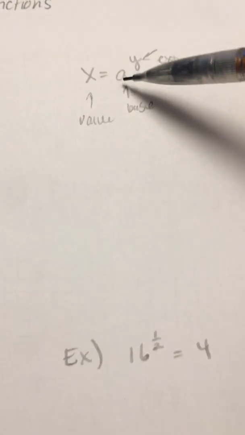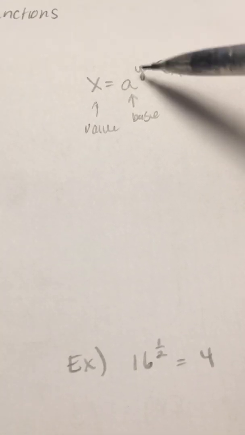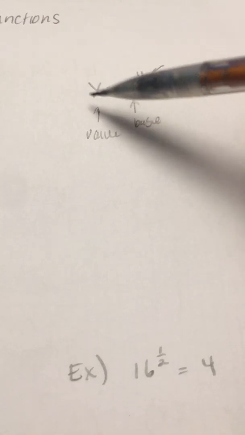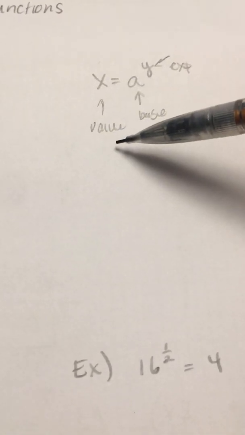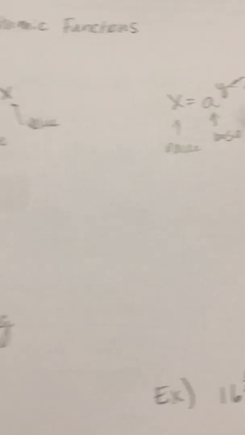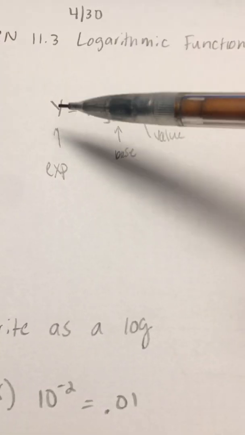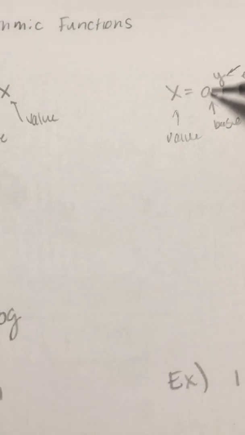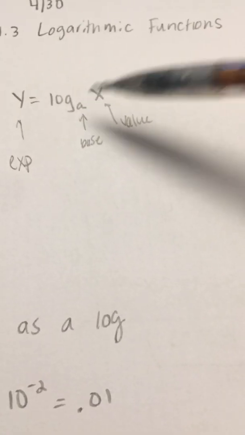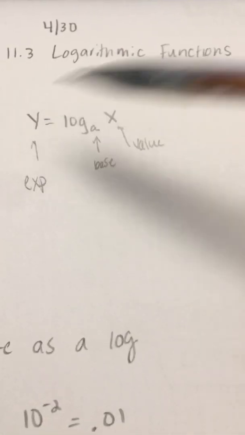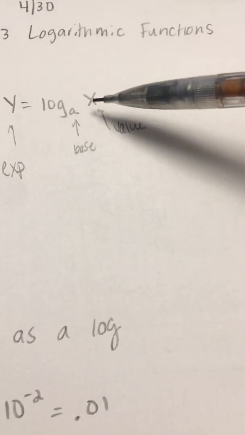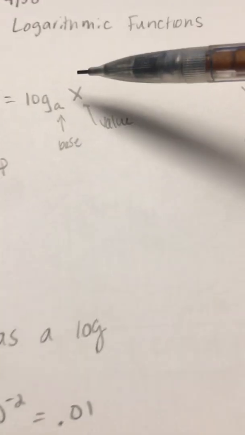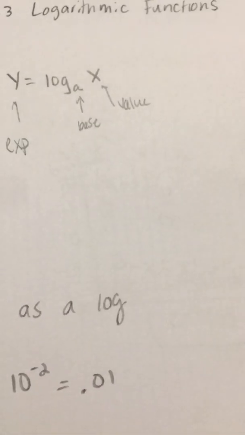We know that this is the base, this is the power or exponent, and that will equal some number, which we can call the value. So whatever's up here is going to go there, and whatever's here is going to go there. That's why those are both A, that's why those are Y. And X is the value here, and we consider it the value here.